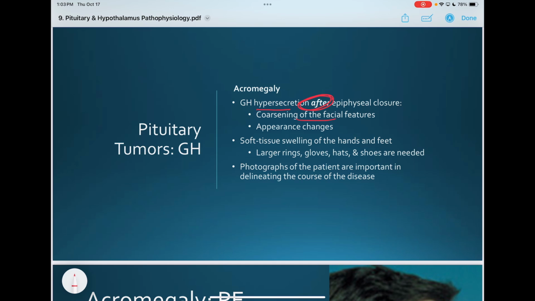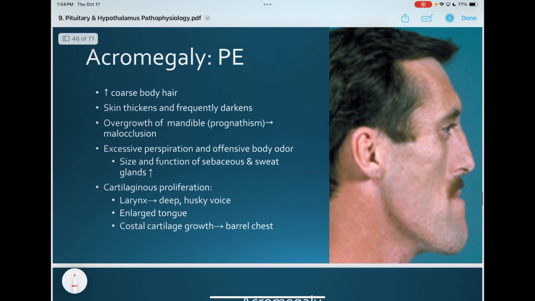Soft tissue starts to swell. Their hands and their feet get huge. They'll notice that they normally wore rings, and now the rings don't fit anymore because their hands are getting big. So photographs of the patient are important to delineating the course of the disease.